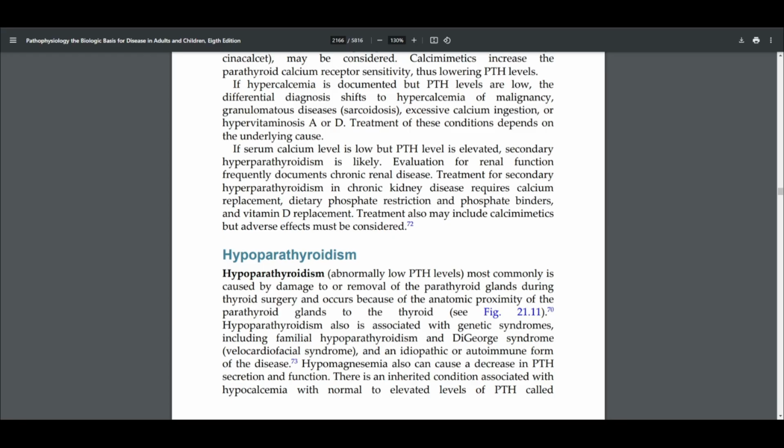Evaluation of renal function frequently documents chronic renal disease. Treatment for secondary hyperparathyroidism in chronic kidney disease requires calcium replacement, dietary phosphate restrictions, phosphate binders, and vitamin D replacement. Treatment also may include calcimimetics, but adverse effects must be considered.